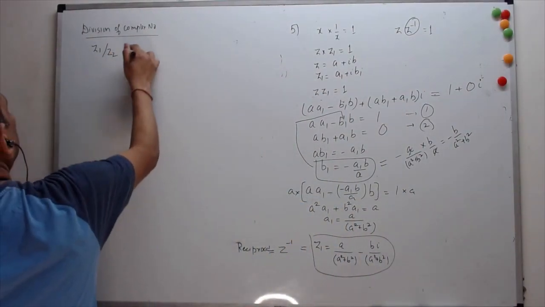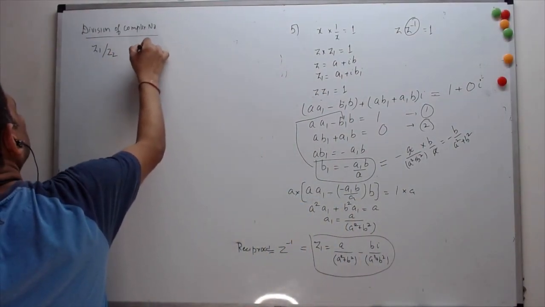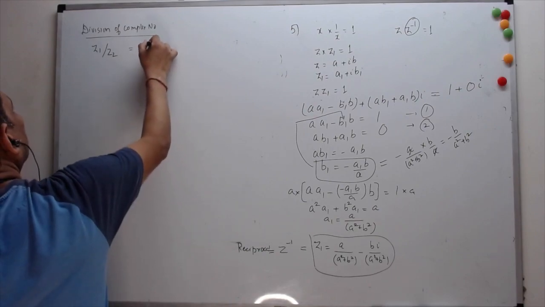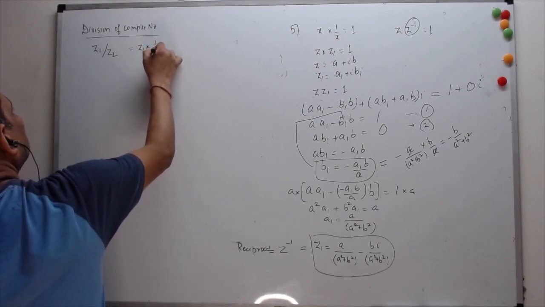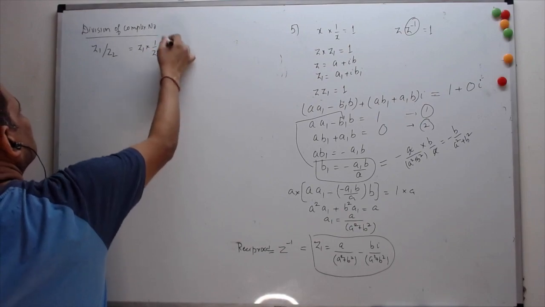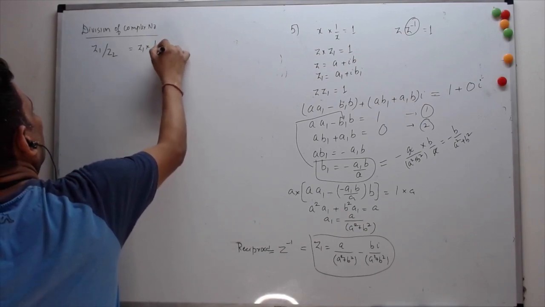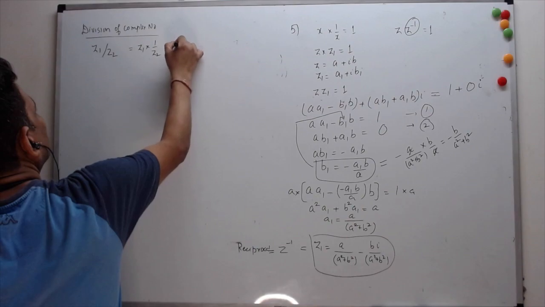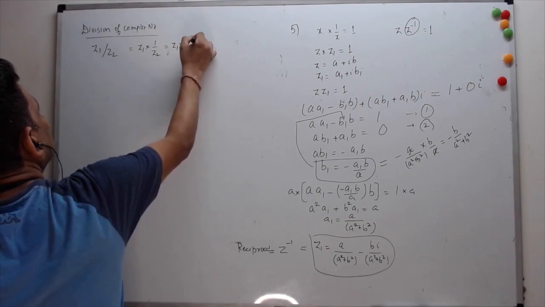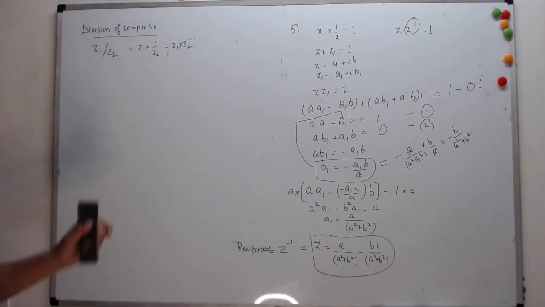Division, when you divide two complex numbers, is actually saying that you multiply the complex number with its multiplicative inverse. Basically, this is the multiplicative inverse of z2, or you could say z1 into z2 raised to the power minus 1.